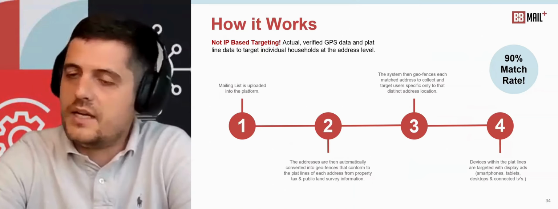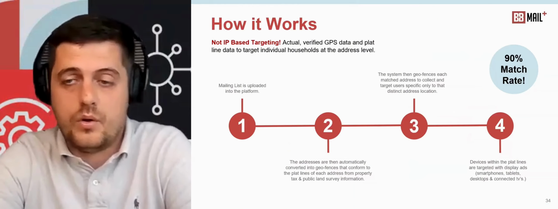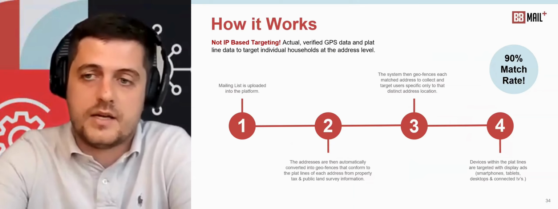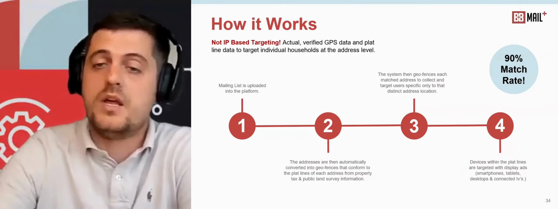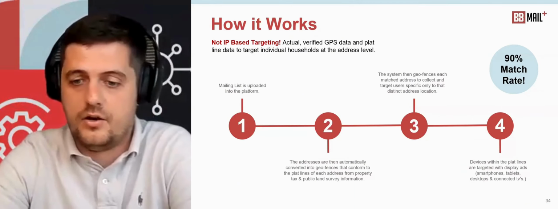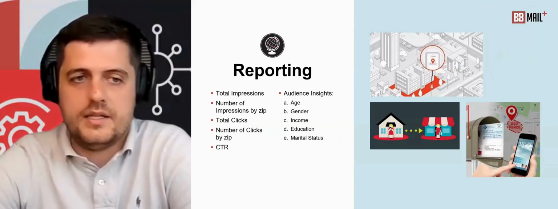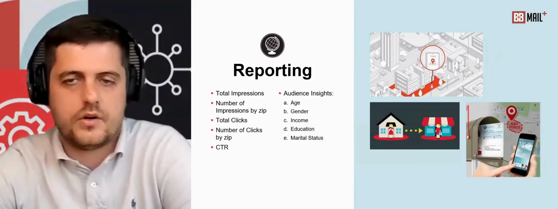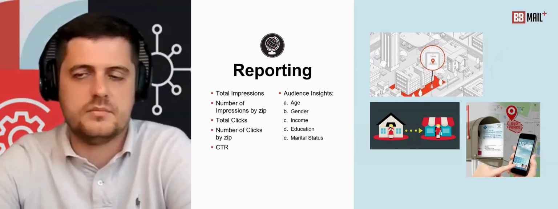And you can see on the screen the 90% match rate. What that number represents is that we have over 90% of residential addresses in the US mapped out and can potentially reach them just through this one technology. The reporting is also pretty comprehensive. So we can see the breakdown as far as total impressions through this technology, impressions and clicks by zip code, right?